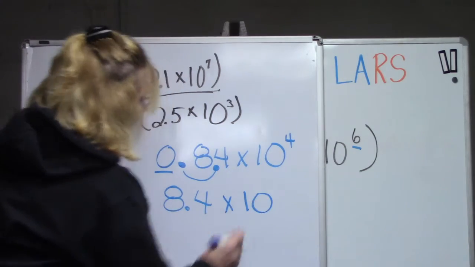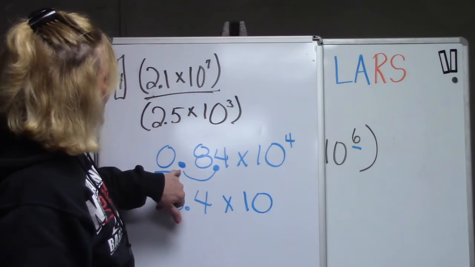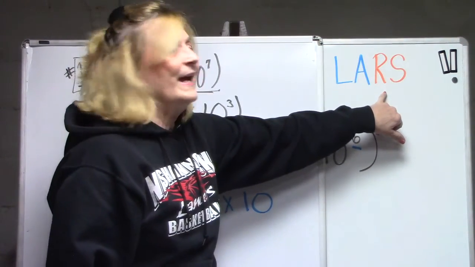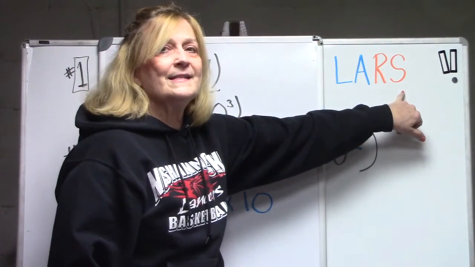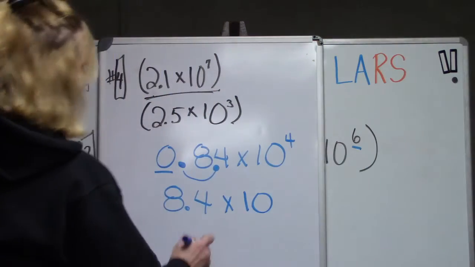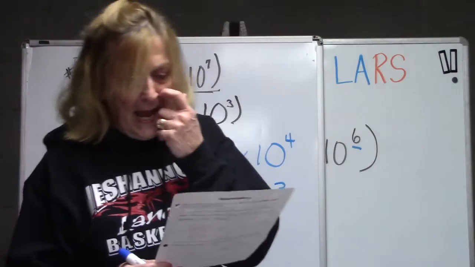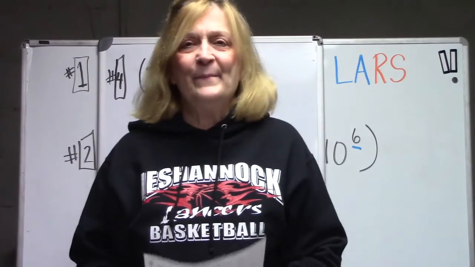Times 10. I moved my decimal point to the right. Because I moved it to the right, I am going to subtract my exponents. So I need to take 1 away. 8.4 times 10 to the 3rd power.